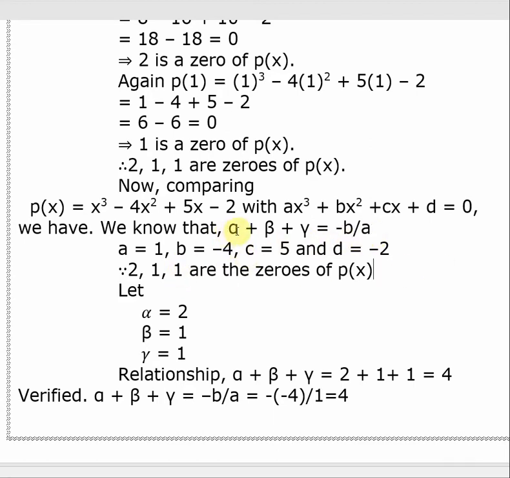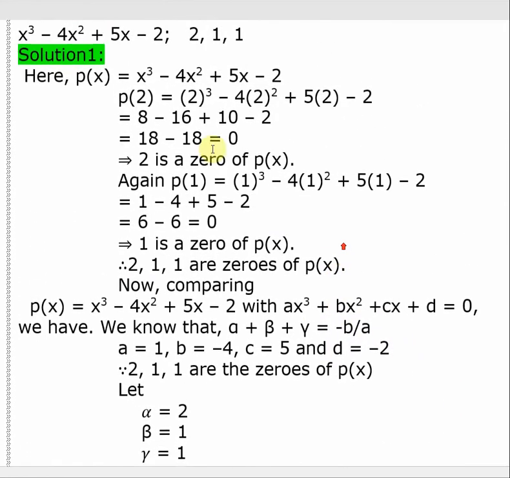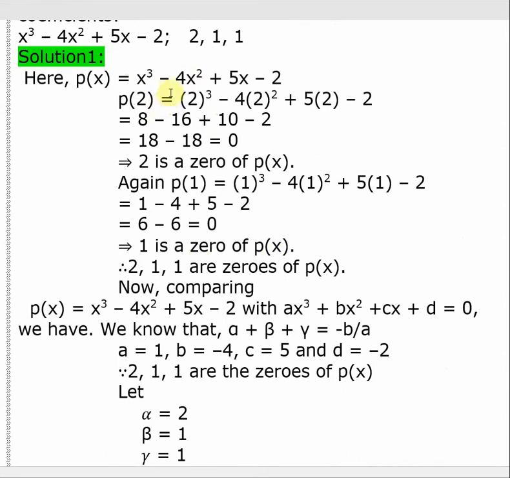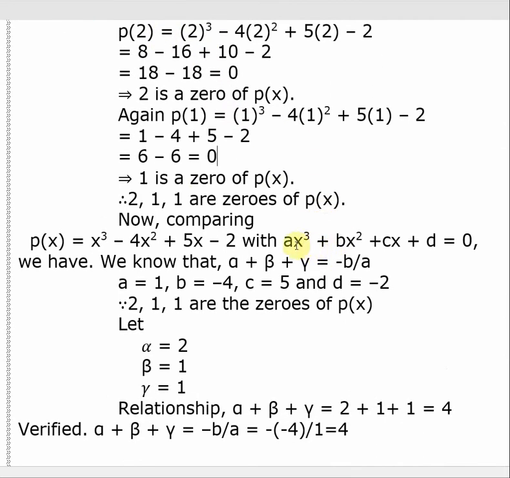So we have alpha as 2, beta as 1, and gamma as 1. So alpha plus beta plus gamma is 2 plus 1 plus 1, that is 4. And minus b by a: if we compare this whole equation with the standard equation, then b is minus 4.